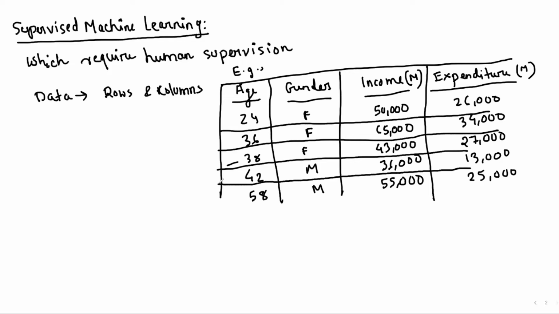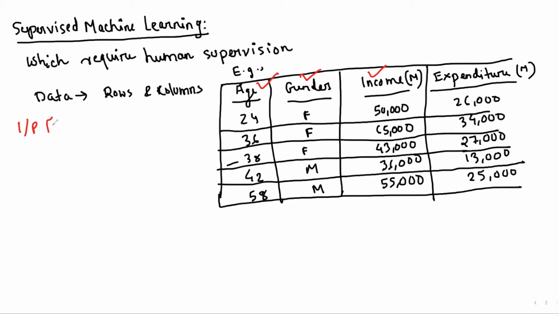So this is the data. Now in this data, let's say age, gender, and income are input features.